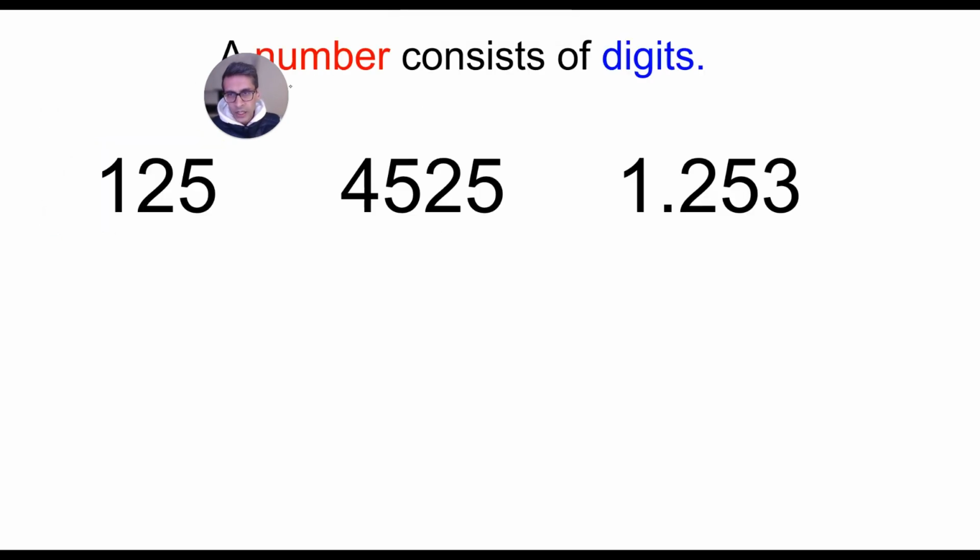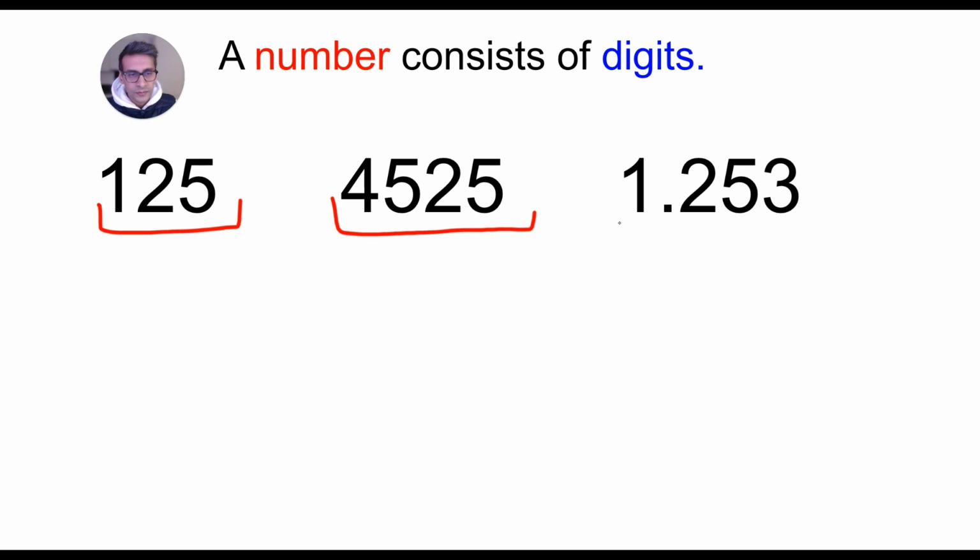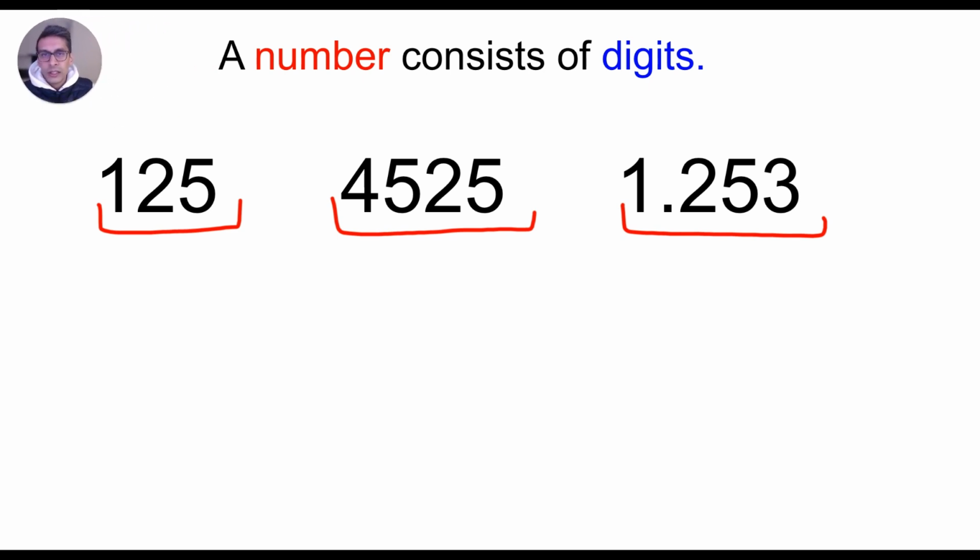So before we do that, there's just a few important things to note. You can see these examples here. These are all numbers. Fractions obviously count as well. And each number consists of digits. So the digits are the individual things in a number. So 1 is a digit, 2 is a digit, 5 is a digit.